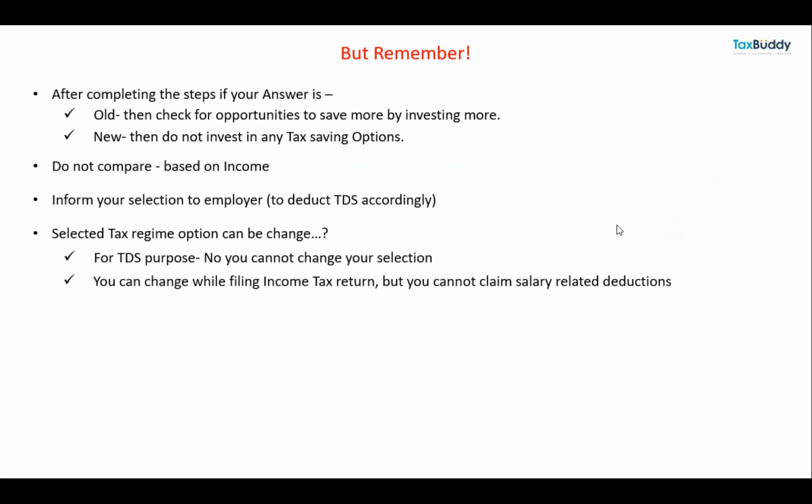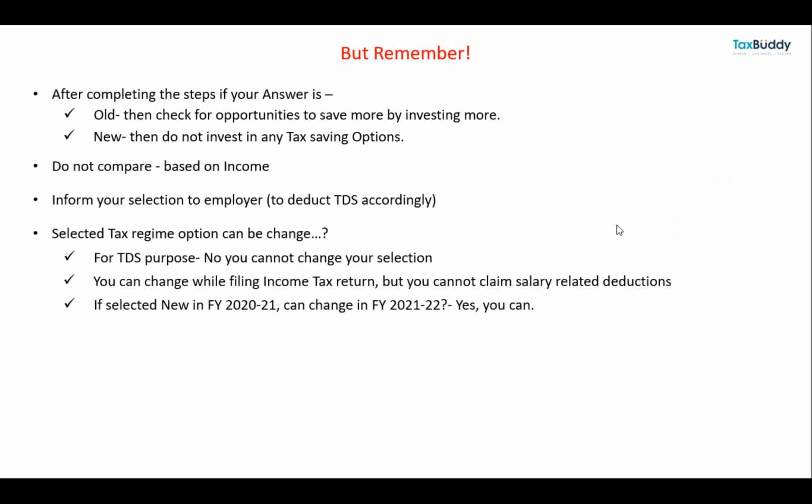Because if you are claiming new regime and saying to your employer that I want to go for the new regime, the employer will not claim any salary related deductions. Accordingly, you will not get those exemptions and salary related deductions, even if you go for old at the time of income tax filing, you still will not be able to claim them. So it would be better you declare your selection of old regime to the employer.